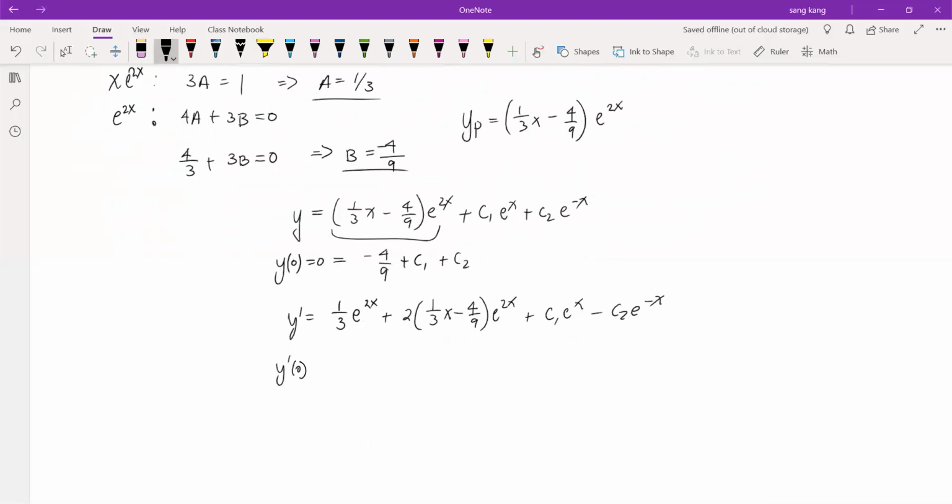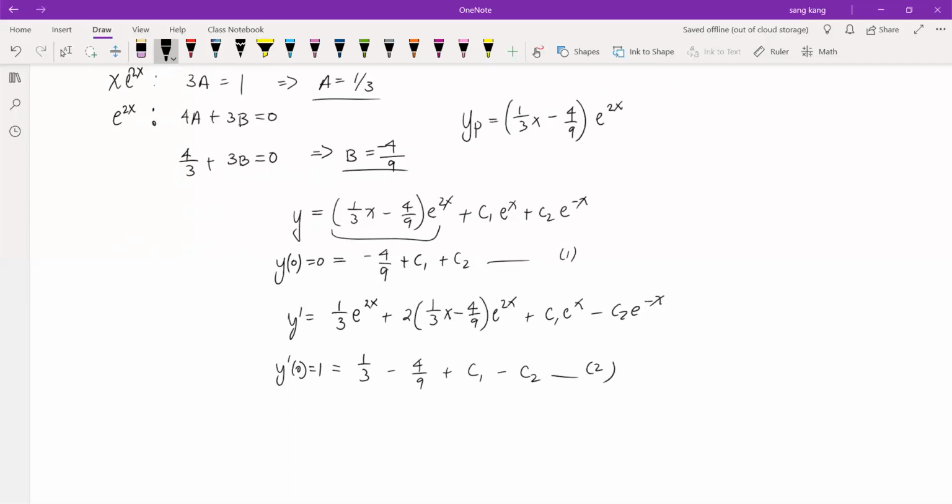Y prime at 0 equals 1. So this gives us 1/3 minus 4/9 plus c1 minus c2. Okay, so now we have another system of equations, here and here. 1 and 2.